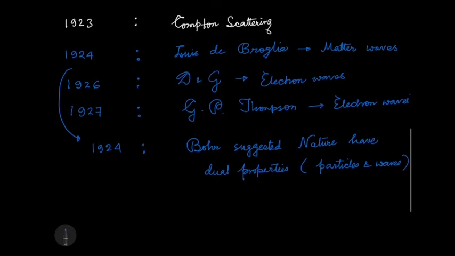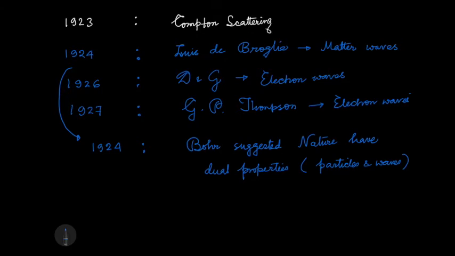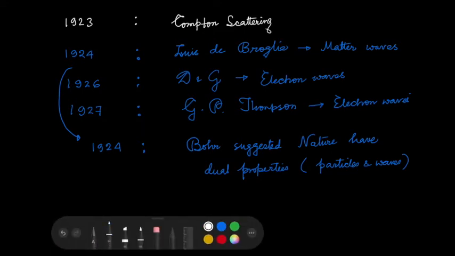What he suggested is that I cannot say whether the electron is a particle or a wave until I tell you how I am trying to look at the electron. The electron may appear as waves in certain experiments and may appear as particles in certain experiments.